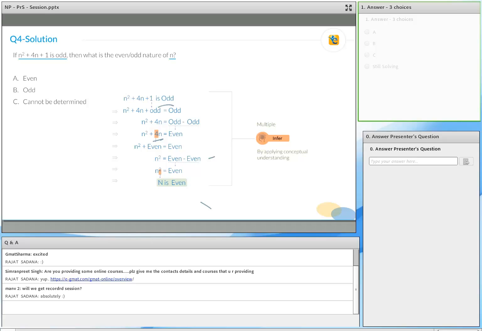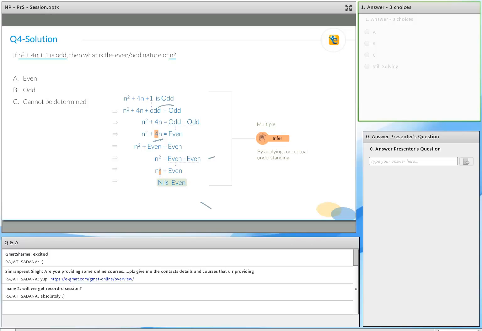Okay, how did we get odd minus odd on the right? All we are doing is moving as many terms towards the right hand side as possible so that we can figure out the even odd nature. Now, whenever you subtract or add two odd numbers, you get an even number, right?